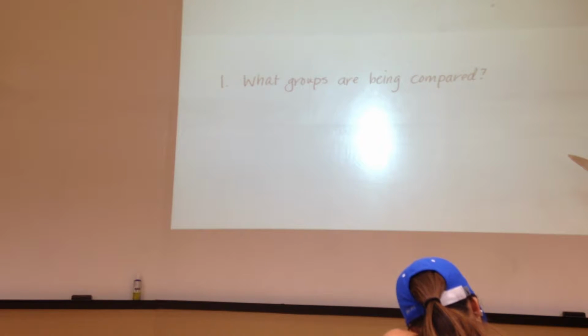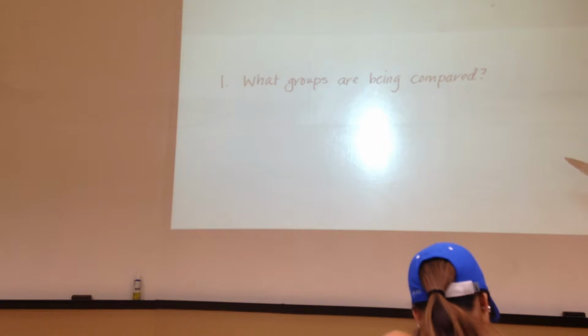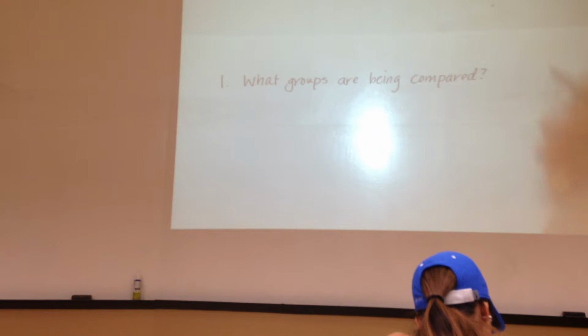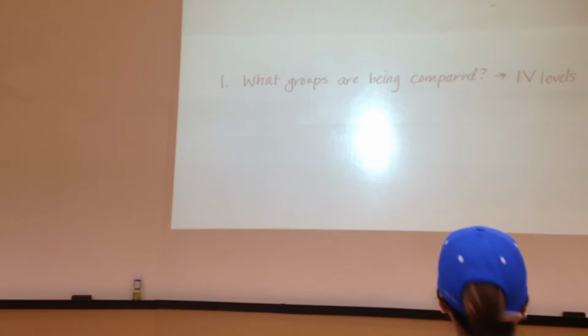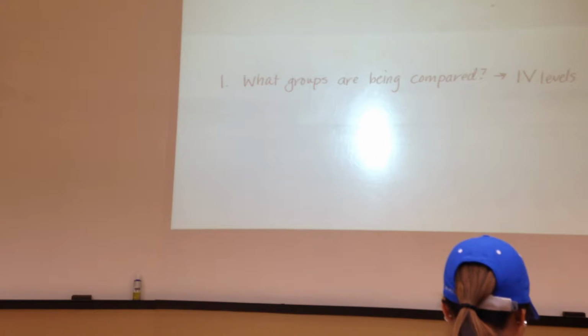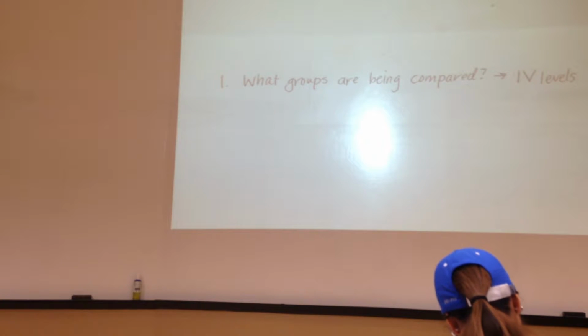And when you tell me in your statement what groups are being compared, you're showing me that you understand what the independent variable is and what the levels are. Because the independent variable is what defines the groups. And the levels of the independent variable define the groups. So you've got groups of subjects, and I want to know what groups are they.